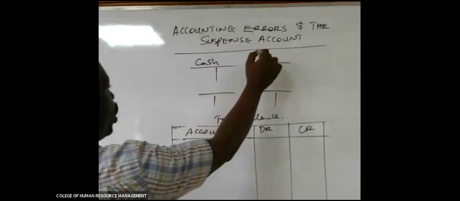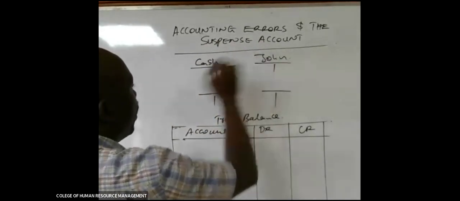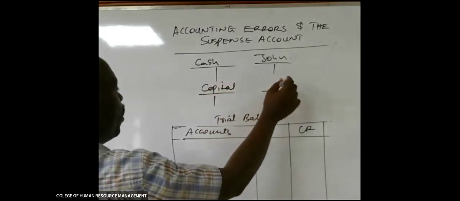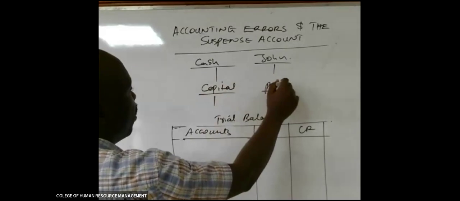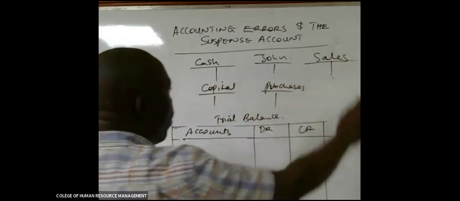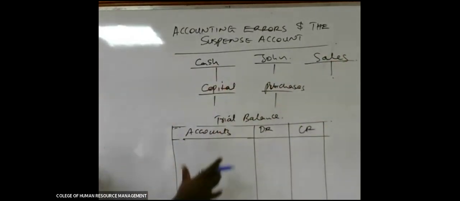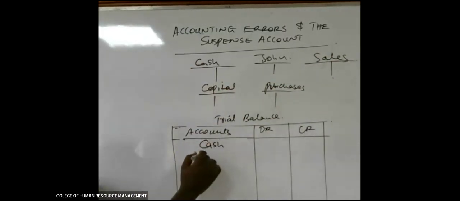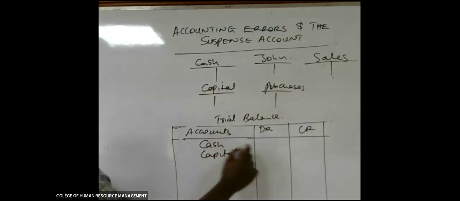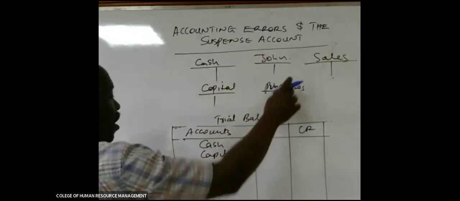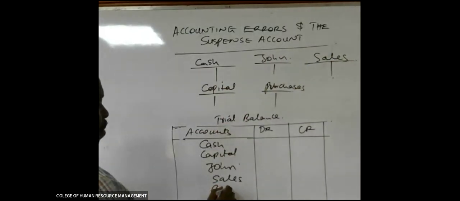So if you had cash, maybe John, a creditor, capital, purchases, and other accounts like sales, you'll record each balance here: the cash, the capital, John who is a creditor, the sales, and probably the purchases.